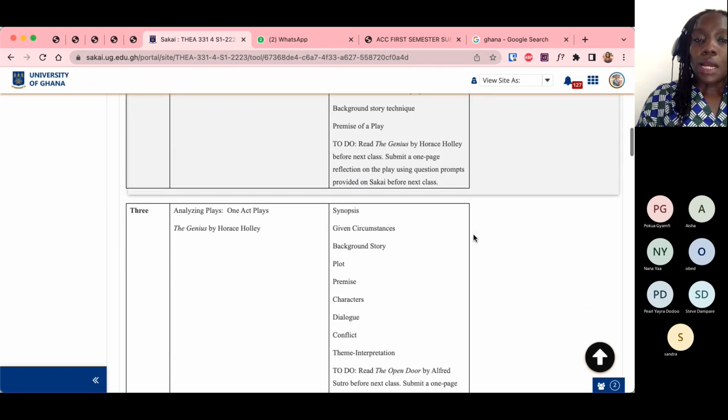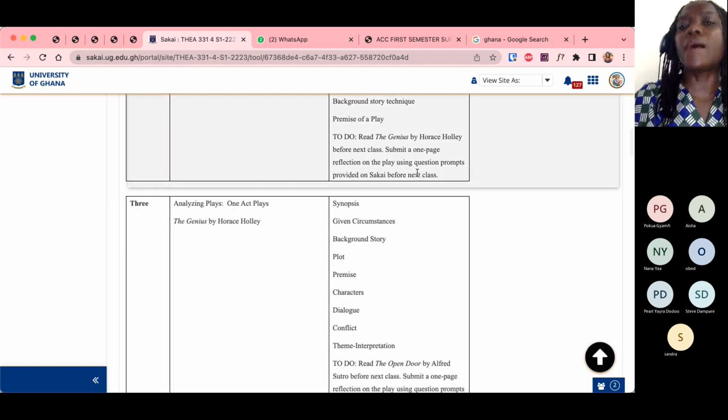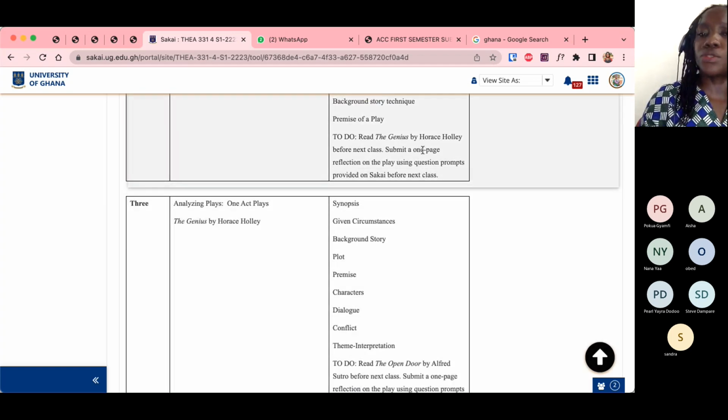Okay. And here too, I have said you should read The Genius because you are required to submit a 1-page reflection. No, it's actually 2 pages. Looks like I made a mistake here. There are 2 pages.